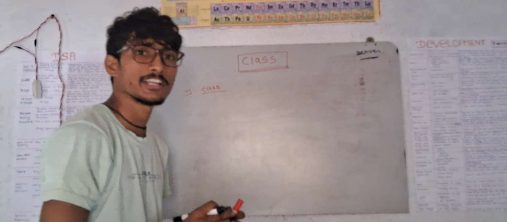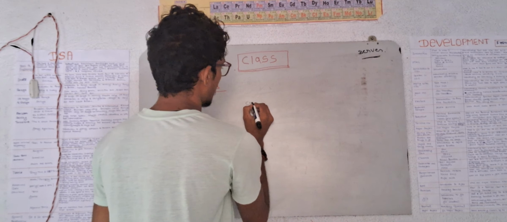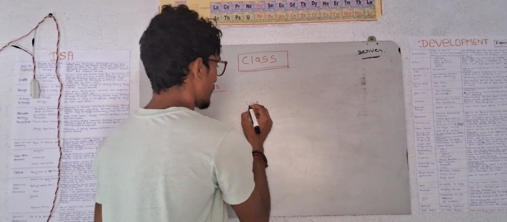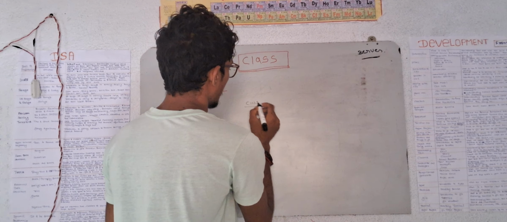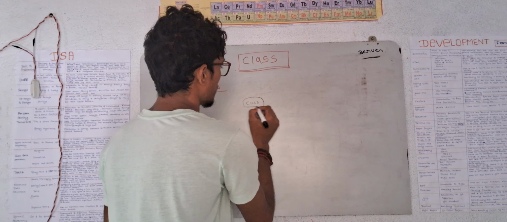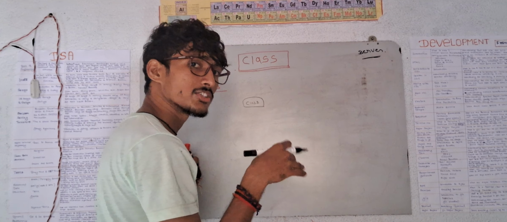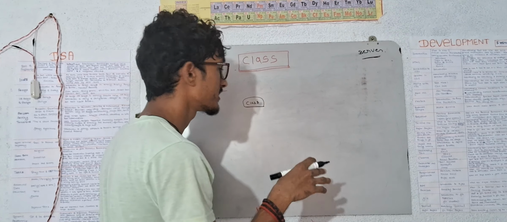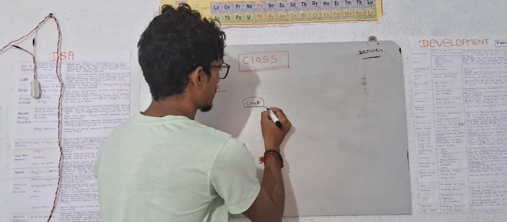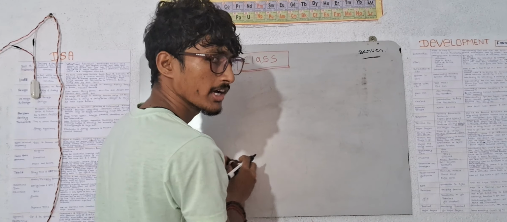Basically, we declare a class with the help of the class keyword. If you want to declare a class, we need to write the class keyword. Class is a keyword, which means a word already present in Java. It is called a keyword or syntax.